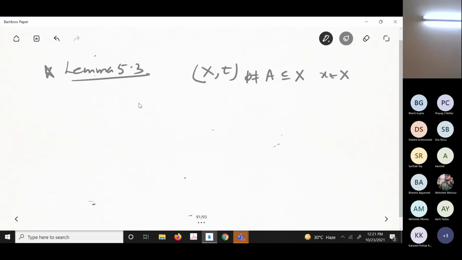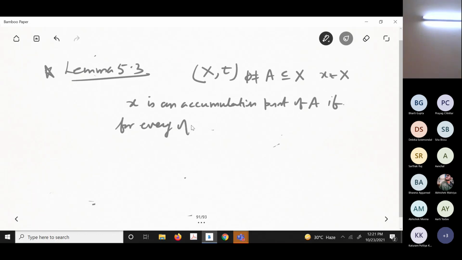Then by definition, look, x is an accumulation point of A if for every open set, that is, every neighborhood U of x containing x, it intersects A in points other than x.